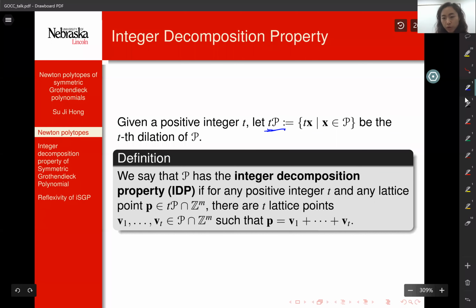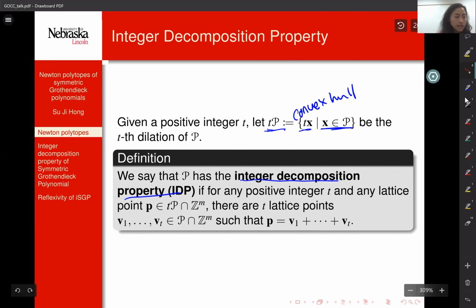With the polytope, we take all the points on the polytope and multiply them by t, and we look at the convex hull of this set, and that is the t-th dilation of P. We say that P has the integer decomposition property if for any positive integer t and any lattice point on that t-th dilation, there are t lattice points in the initial polytope such that they add up to this point.